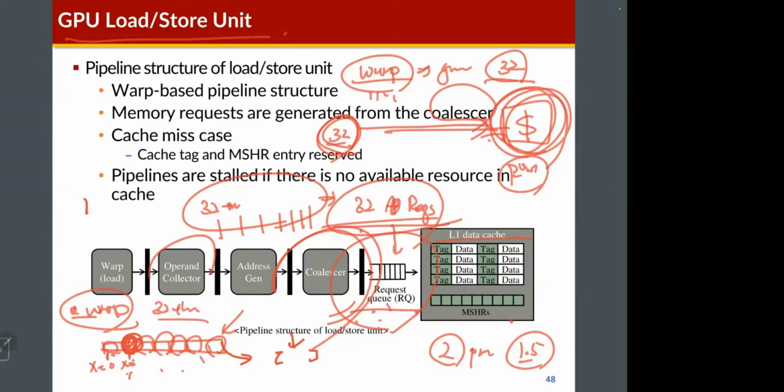So usually a GPU warp has strong spatial locality.